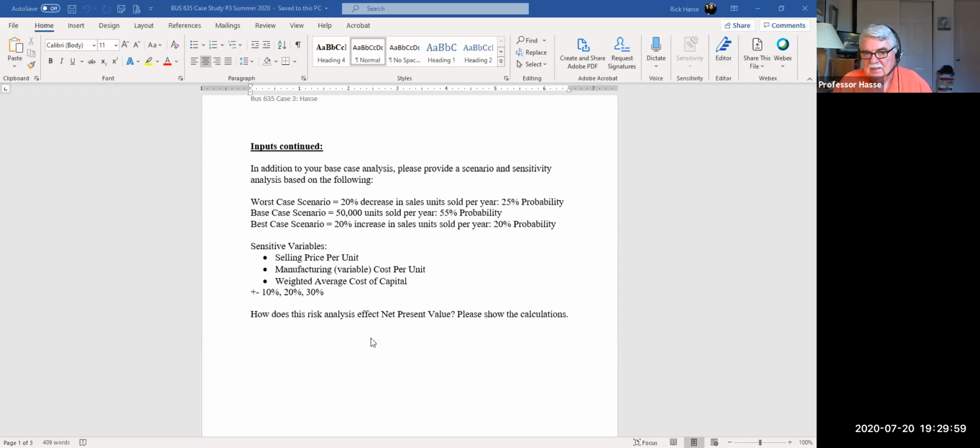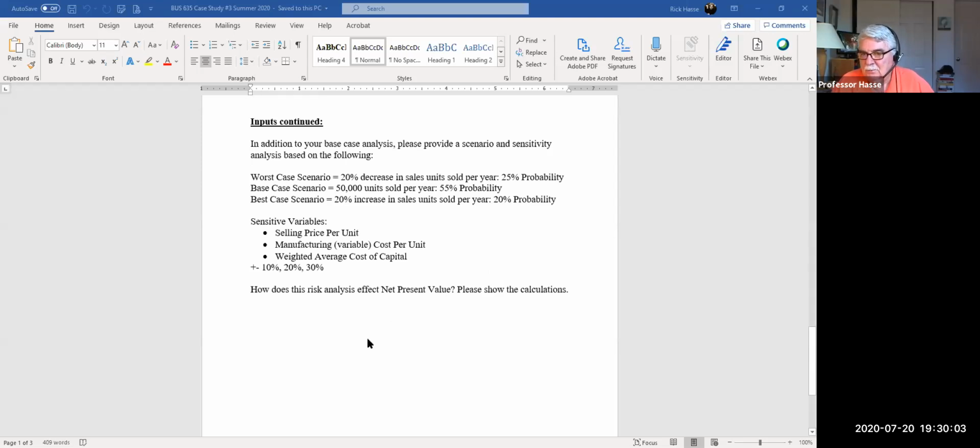Please show these calculations. You do not have to show me a chart. If you want to show me the chart to get some extra credit points, please do. But I want to see that analysis of differentials from top to bottom for those three sensitive variables based on plus or minus 10, 20, 30% deviation.